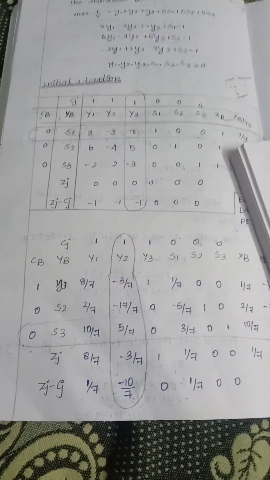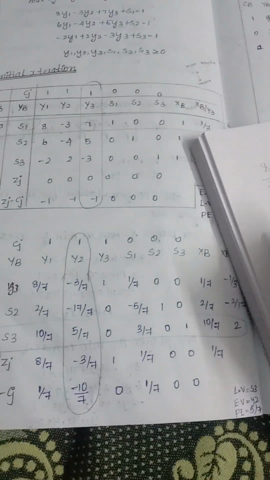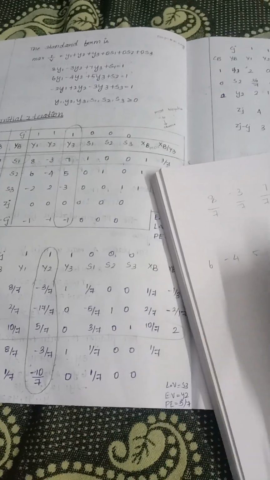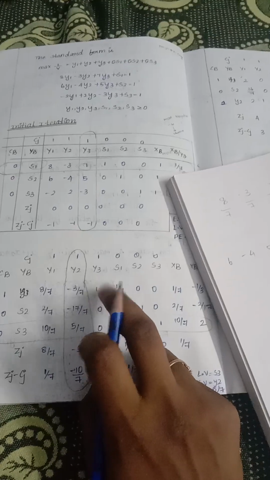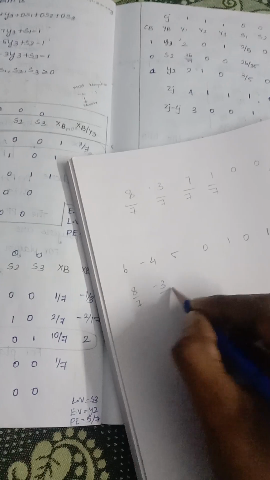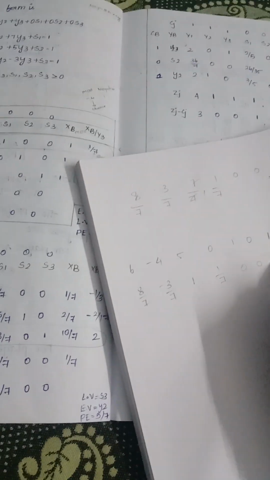Then we have to convert all the other rows with respect to the previous rows. So our next form: write the values 6, minus 4, 5, 0, 1, 0, 1. What we change in the next table is that we use this pivot row: 8 by 7, minus 3 by 7, 1, 1 by 7, 0, 0, 1 by 7.